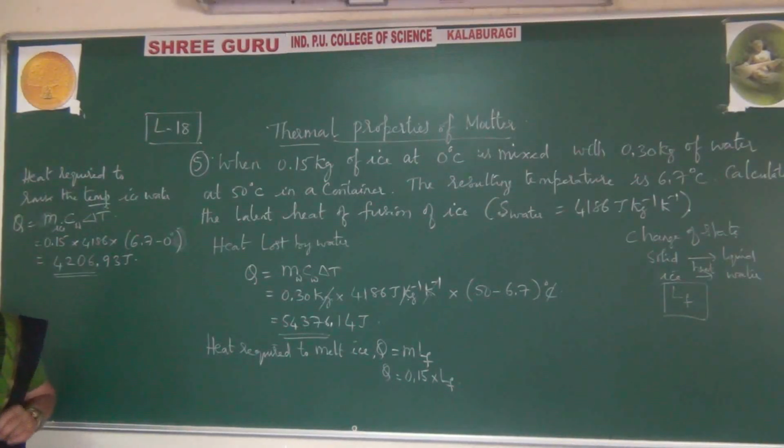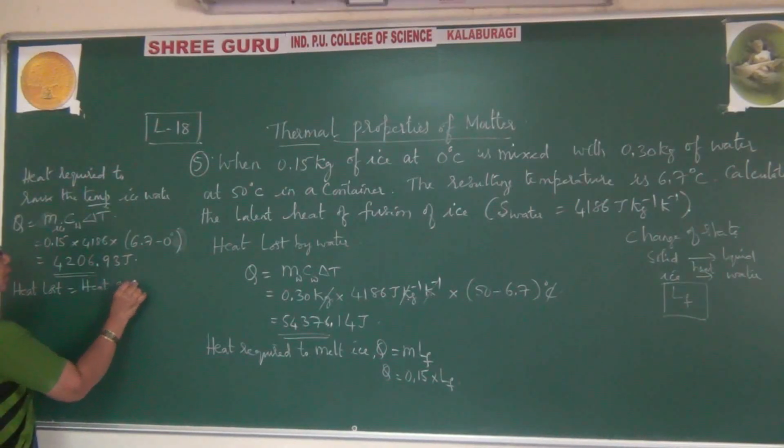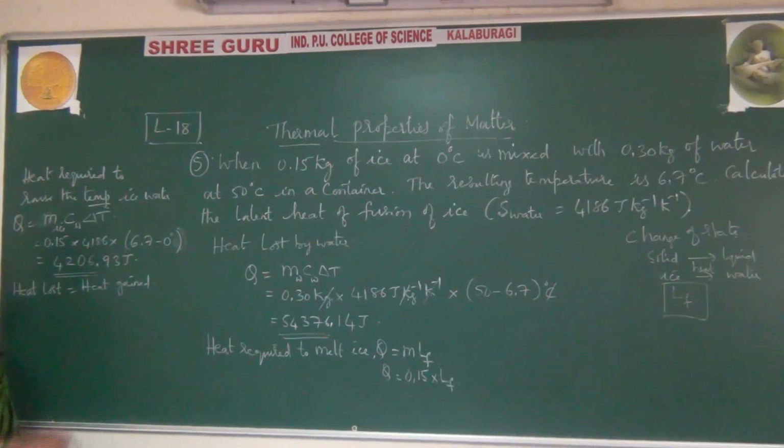Okay. Now what we have to do here? The ice water is changed to the final temperature. Finally, what we have to calculate, the last step: heat lost is equal to heat gained. This is the next step. What is the heat loss?